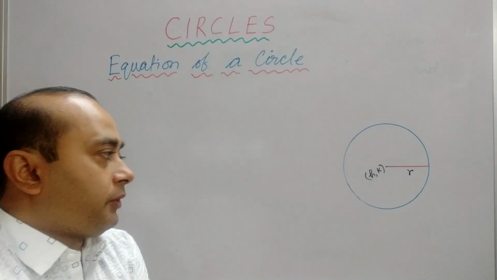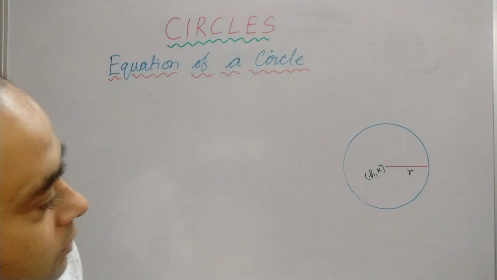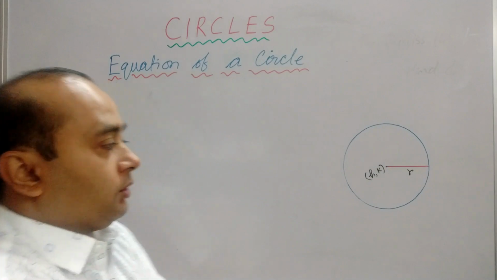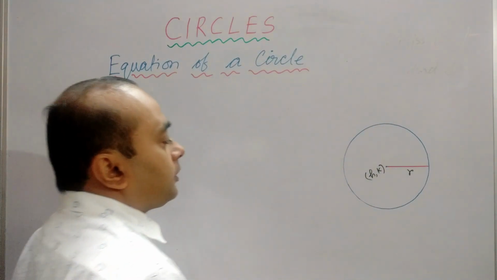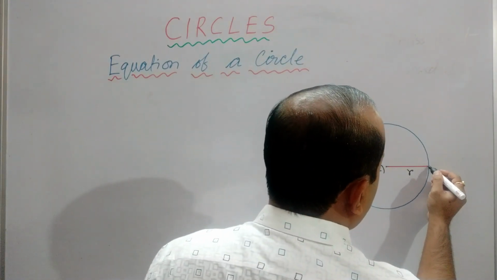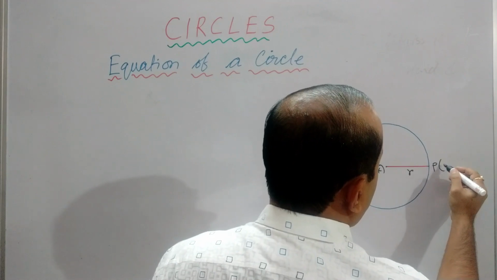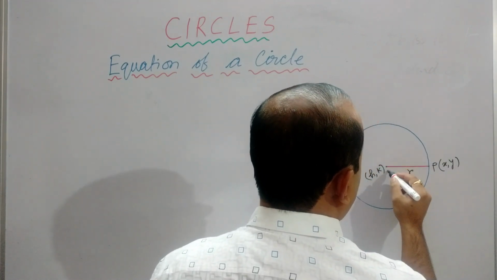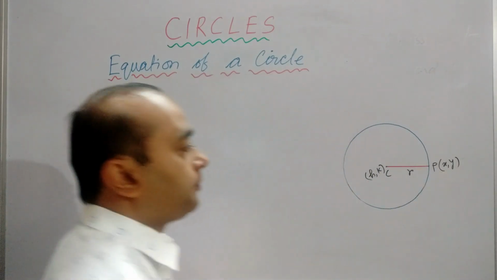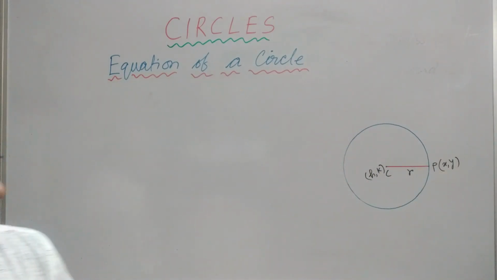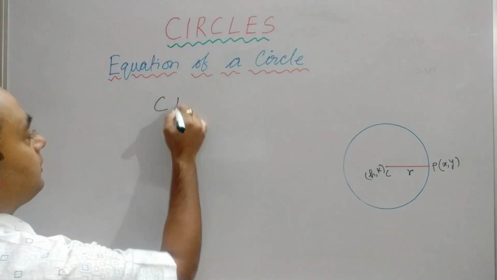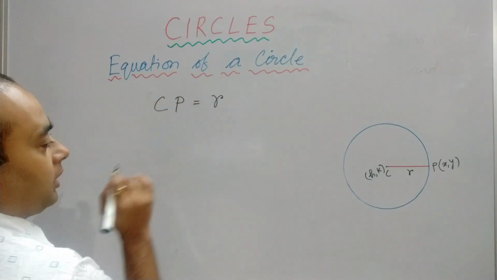So we are going to find out the equation of a circle whose center is (h, k) and radius is small r. So how to go about it? Let us consider this point P, a general point, as (x, y). The center is say C and the radius is CP. Now we know that by distance formula this CP is equal to r.